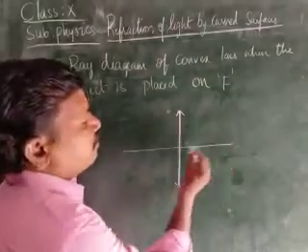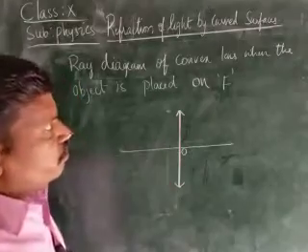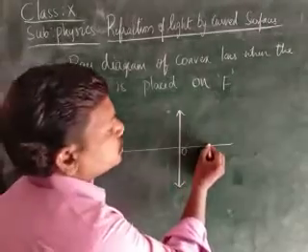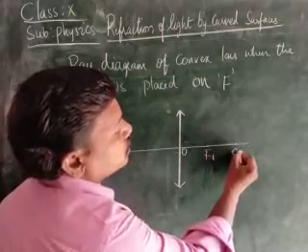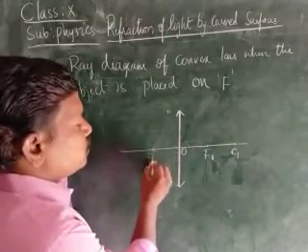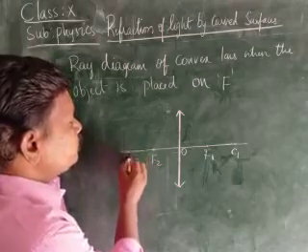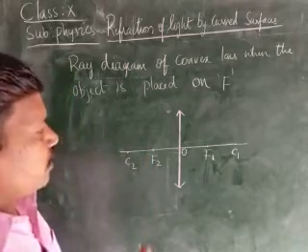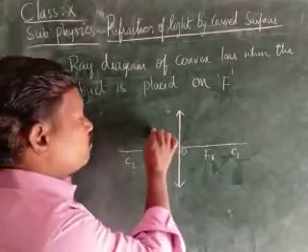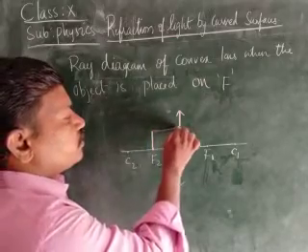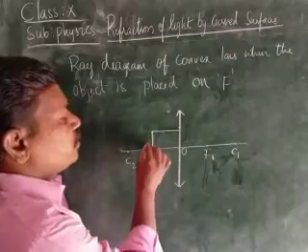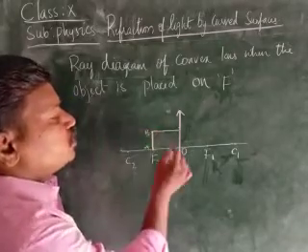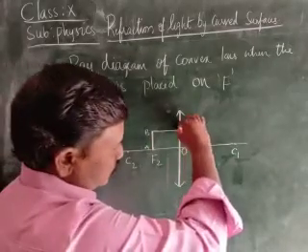Here, this is the convex lens. Okay, when the object is placed on F, AB is the object. First rule.